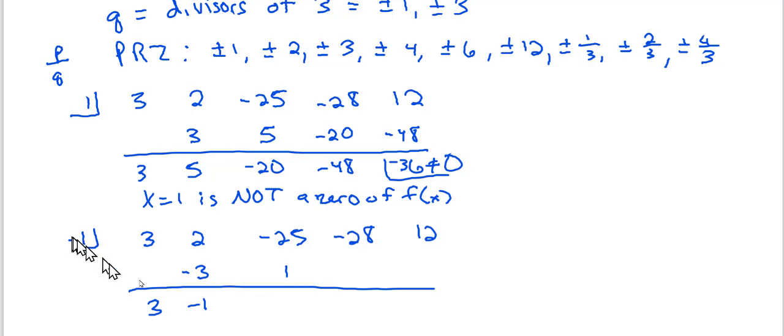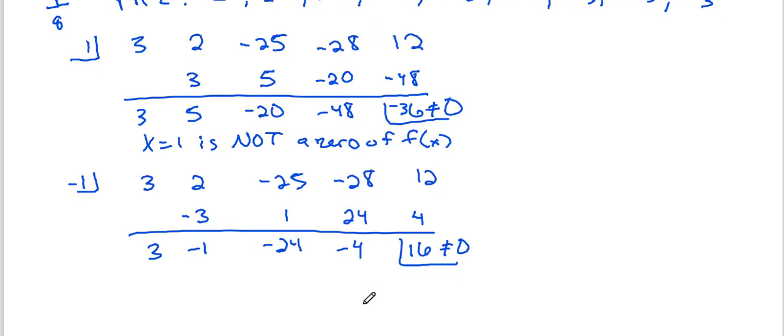When I multiply negative 1 times negative 1, I add. I get 24. That gives me a positive 4 when I add, and so I get a 16. Not 0, but I like it better because this number towards the end here was a little better. Let's try a 2.